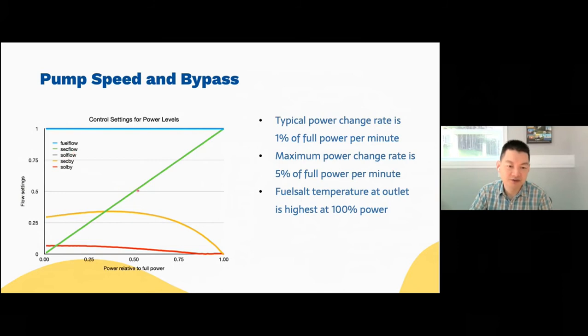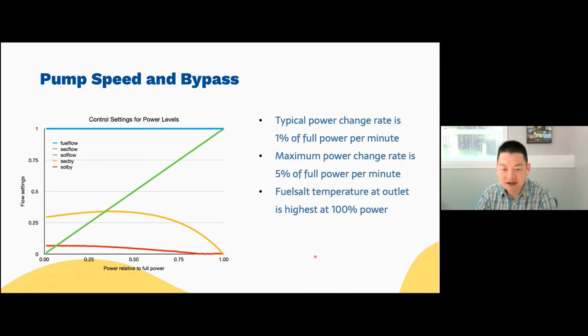They're overlapped, so you don't see two, but the two are the same. So when you try to increase power, you increase the flow rate of the secondary loop and the solar salt loop. And then you adjust the bypass. These are the bypass. So by adjusting the pump speed and the bypass, you will achieve the power change.